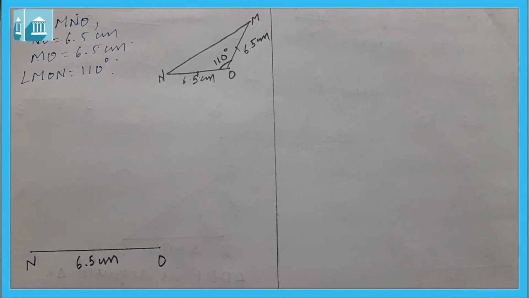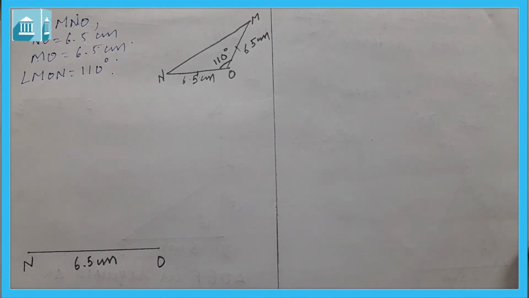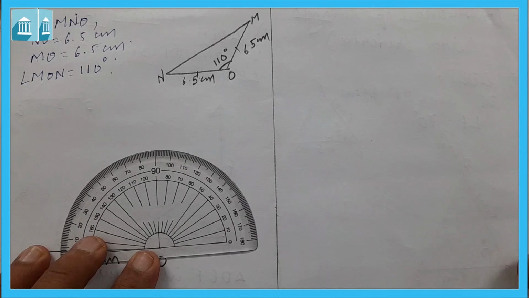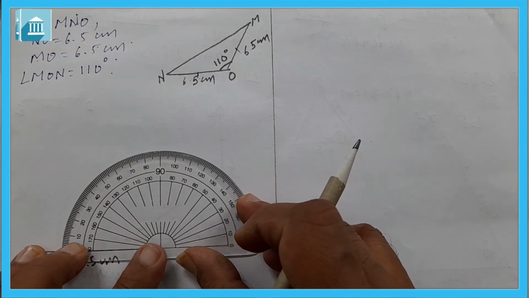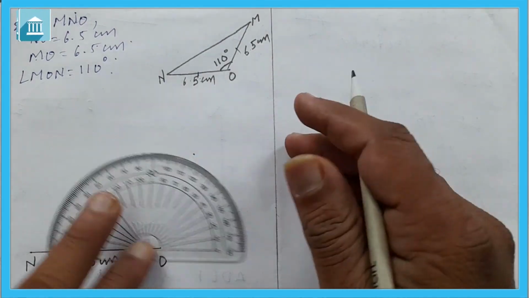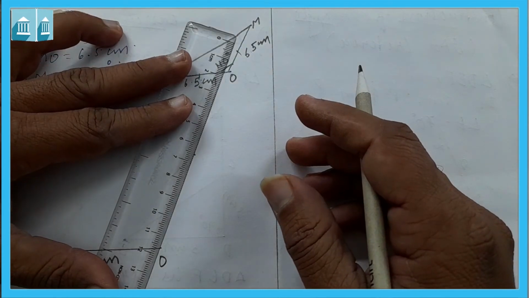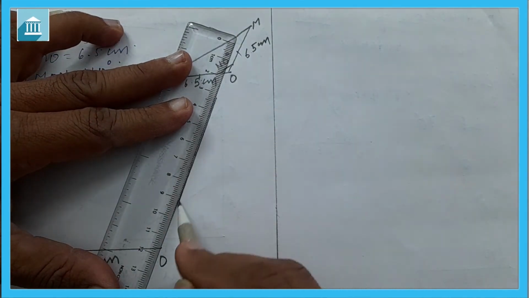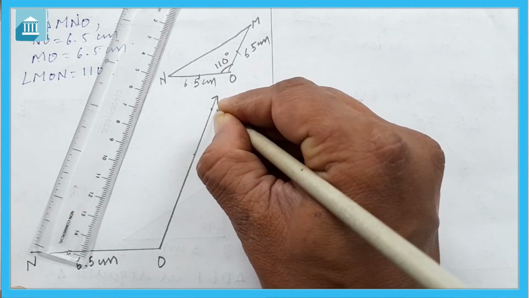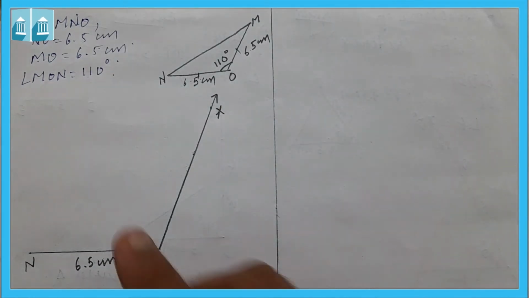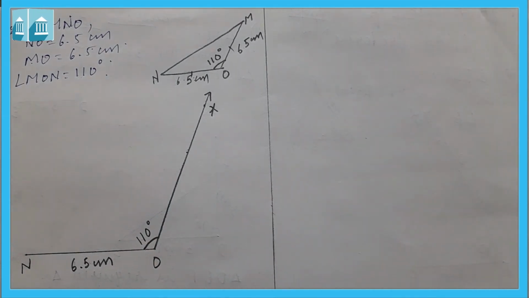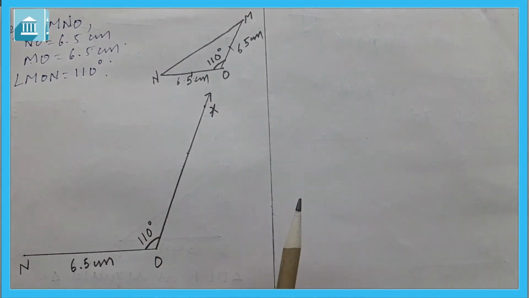Then next we have to draw angle NOX is equal to 110 degree. So from here we can draw 110 degree. Here this 0 is on this point, so we can mark it here. If this is X, then angle NOX is equal to 110 degree. This we can draw.